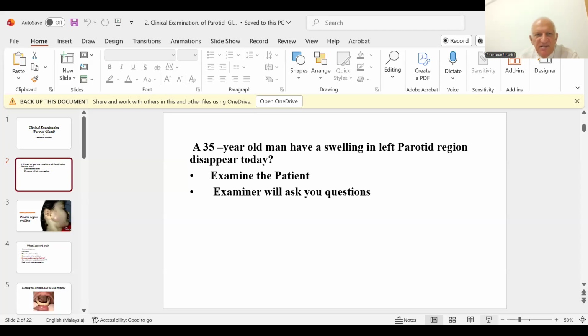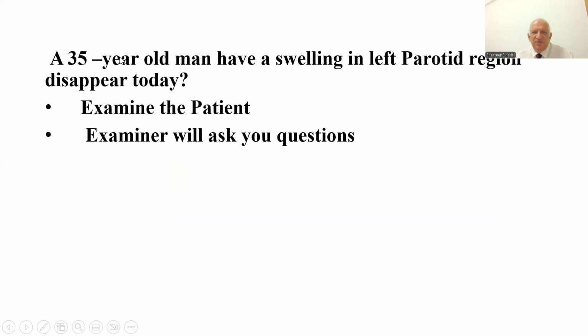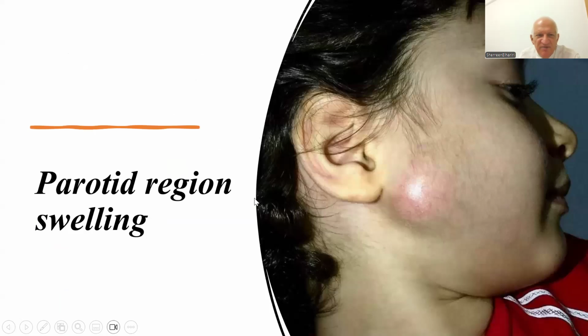Of course, nowadays most of the cases that appear in the exam are normal cases with no findings. We just tell you the patient has a swelling that suddenly disappears. So it is the same script. A 35-year-old man has left parotid swelling that disappeared today. Disappeared means that it was inflamed and then resolved.